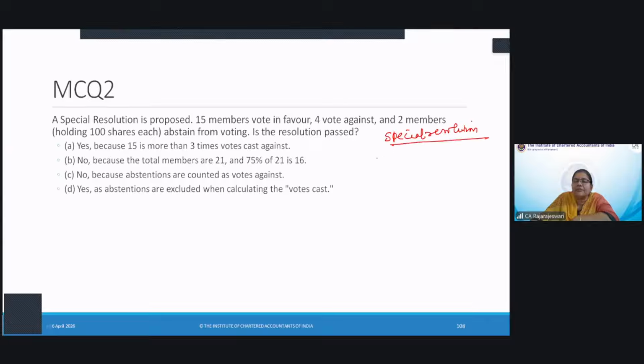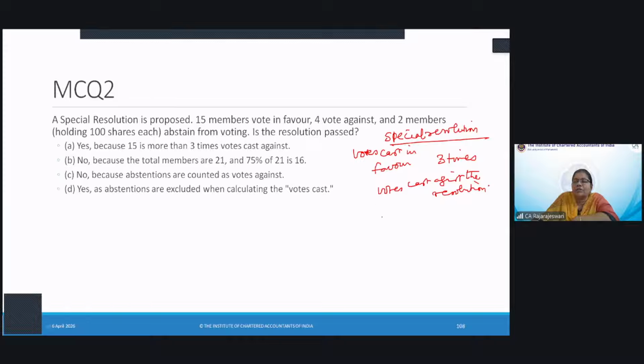The rule is that votes cast in favor should be not less than, at least, 3 times the votes cast against the resolution.